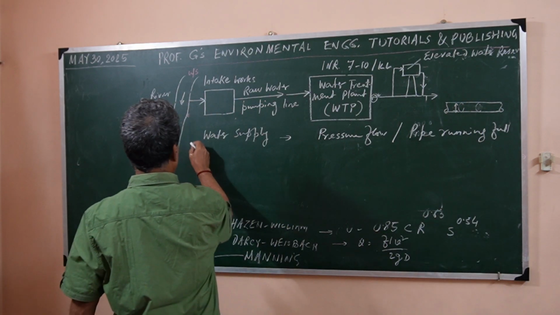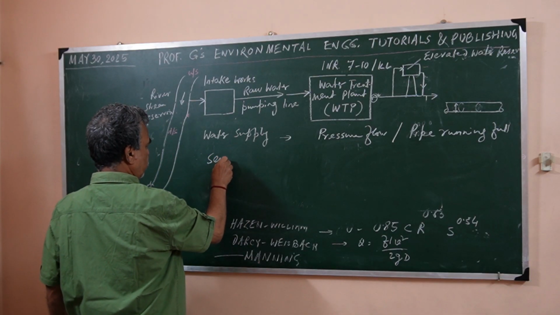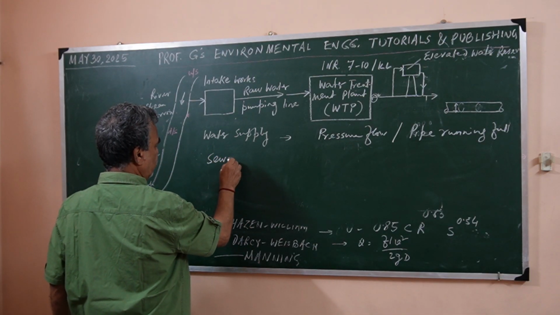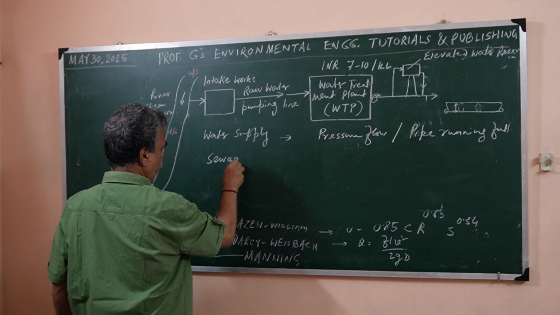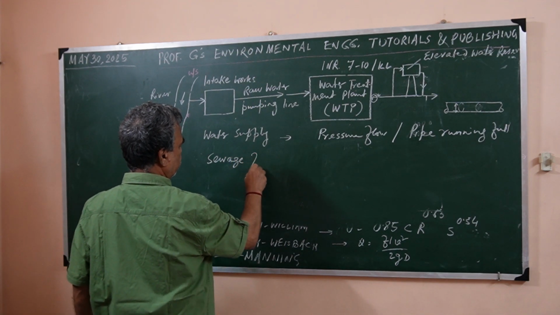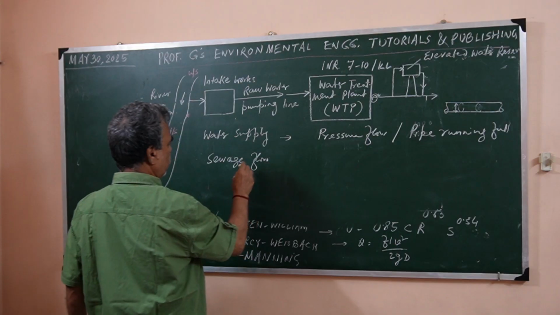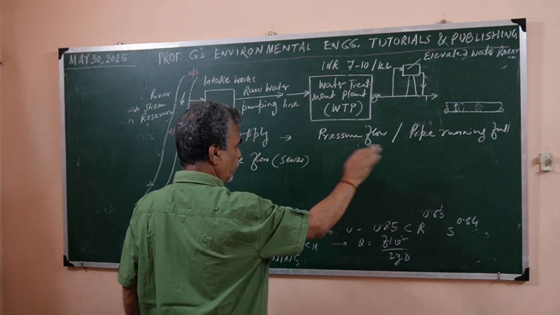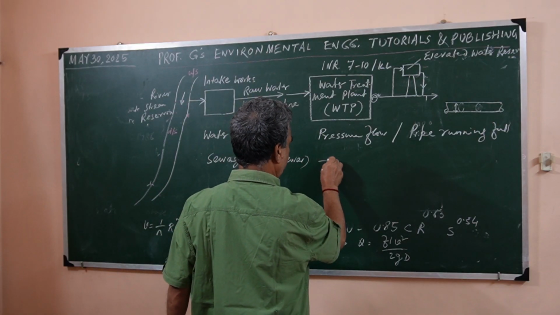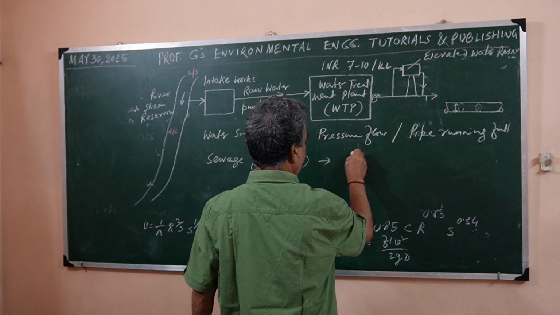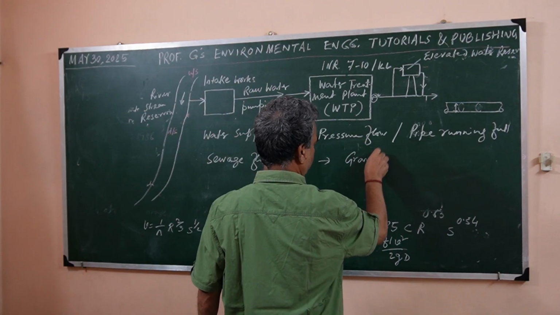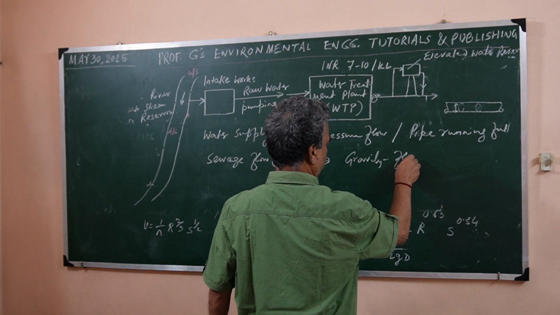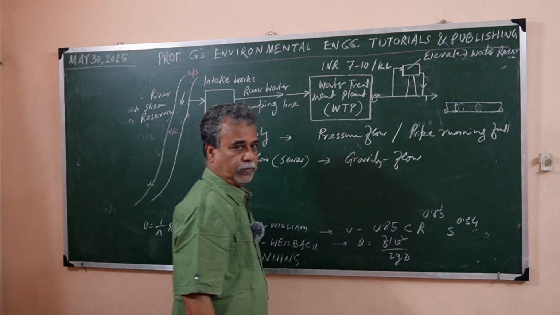Whereas for sewage or wastewater flow, through the sewer line in the sewerage system, all explained earlier, this is a gravity flow, right?